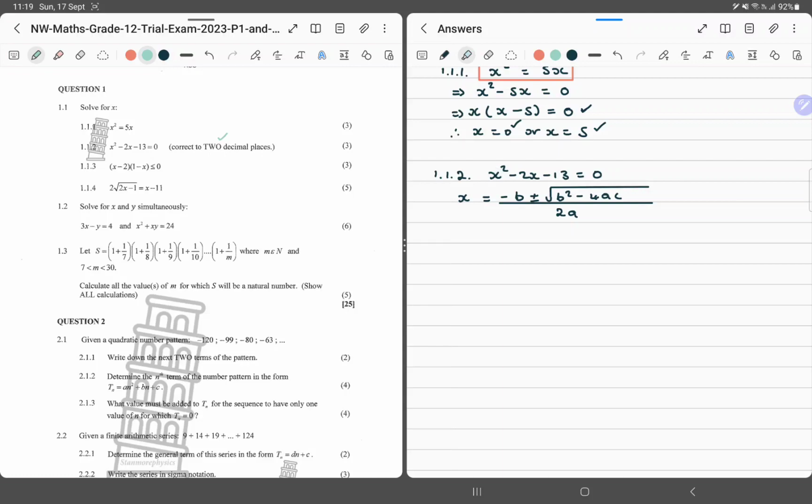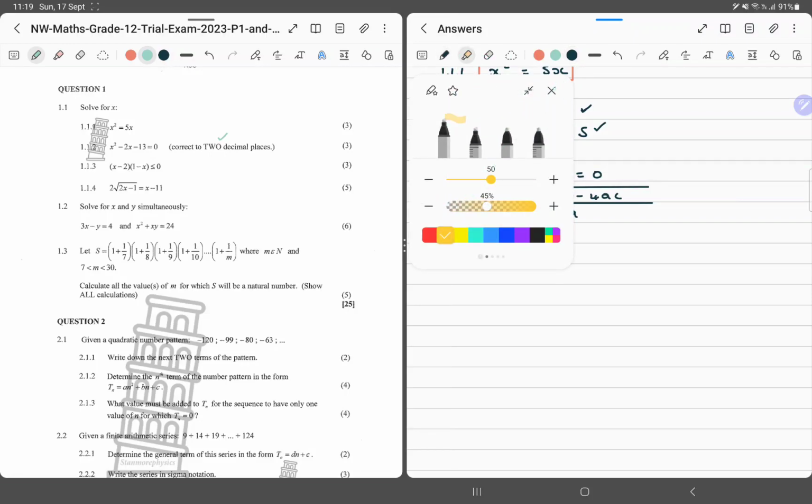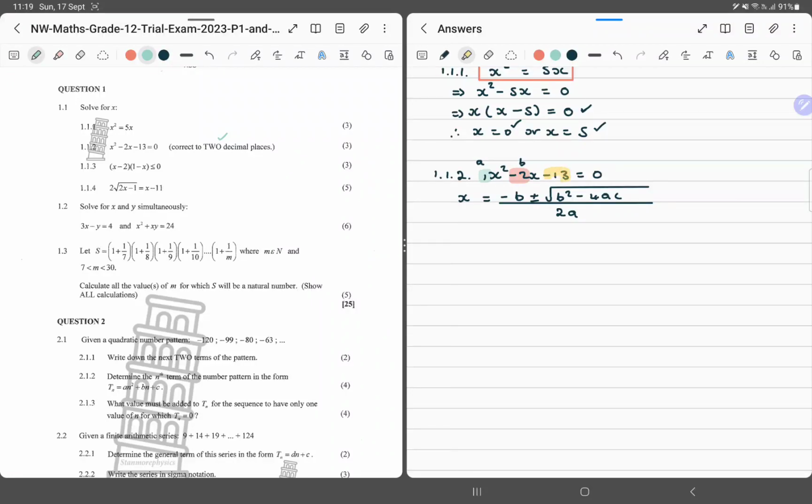Now where are these? We know that the coefficient of x squared, which is a 1, is our a value. Secondly, the coefficient of x is our b value. And the constant term is our c value.